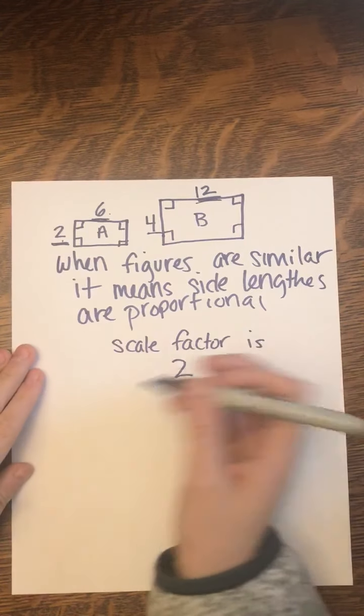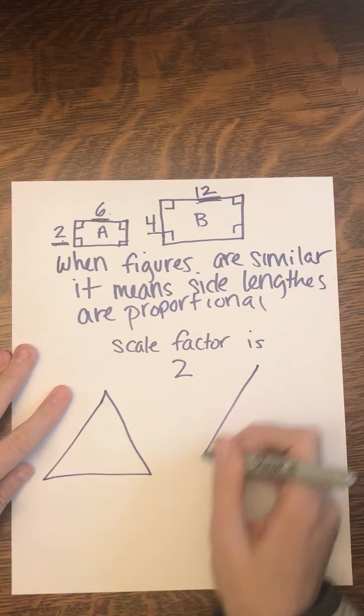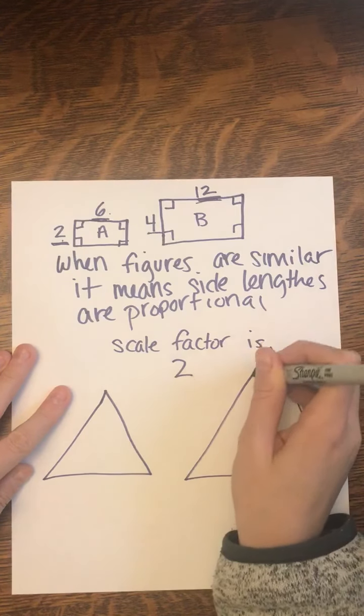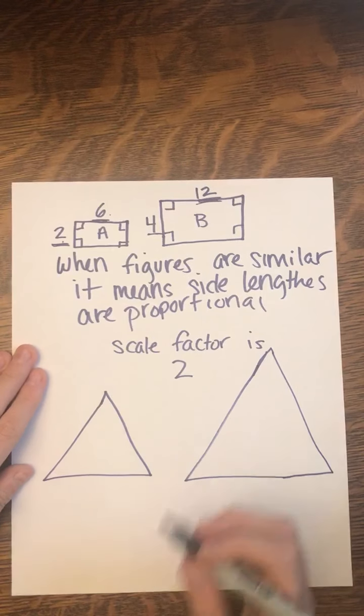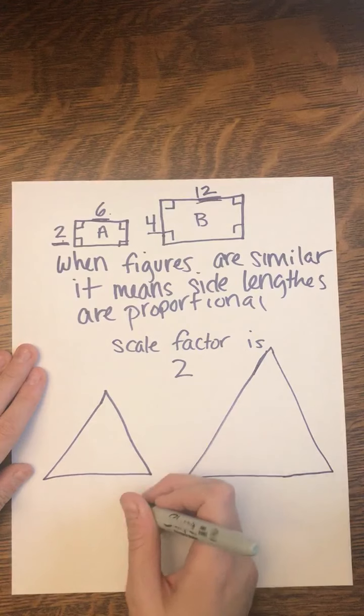So let's do another one. Let's do triangles. These are similar triangles, so I know that the side lengths are proportional.